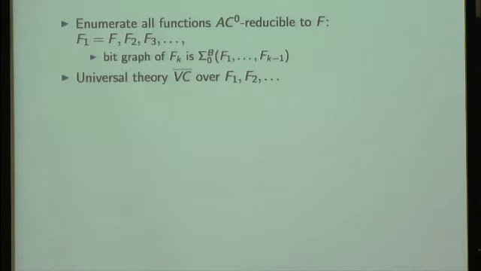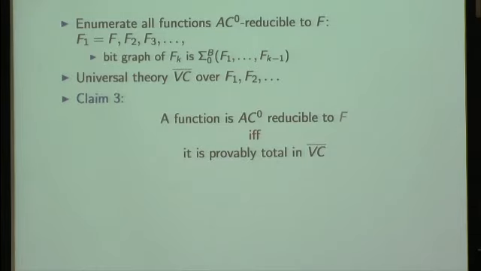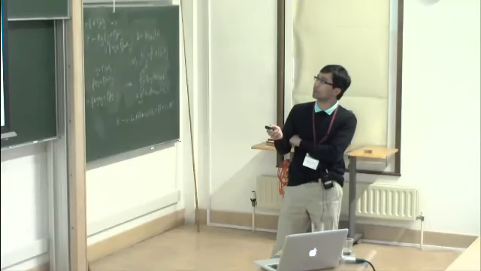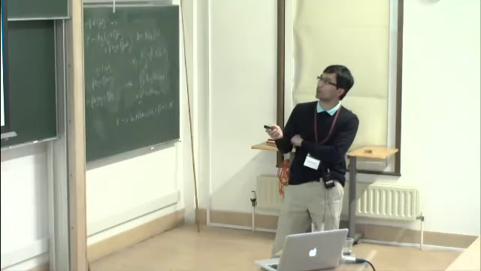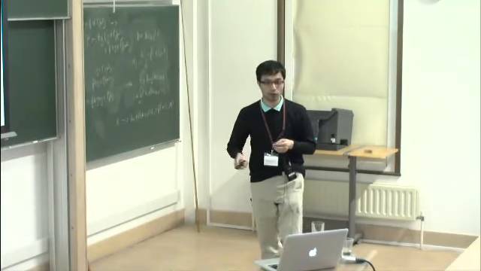Then we develop a universal theory over the original vocabulary extended by these new function symbols. It will be quite clear that this universal theory characterizes the class C in the way that we intended: a function is in the class, meaning that it is AC0 reducible to F, if and only if it is provably total in the universal theory.